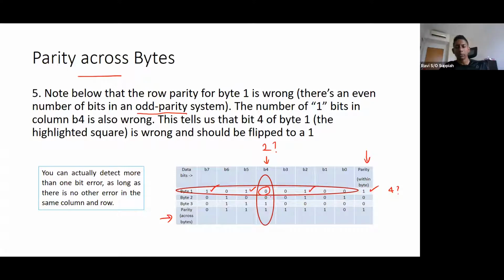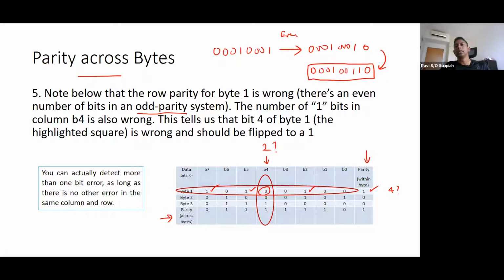This is an improvement because in the previous case, even if I have a 1-bit flip, say I have 0, 0, 0, 1, 0, 0, 0, 1, and I transmit it with even parity, I append a 0. But if I receive 0, 0, 0, 1, 0, 0, 1, 1 with a 0, I only see this.